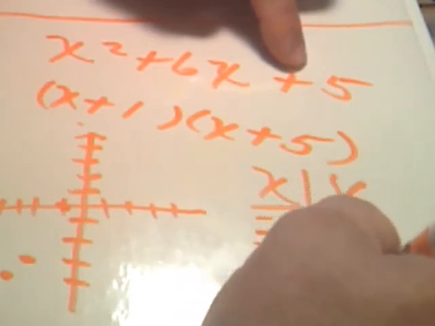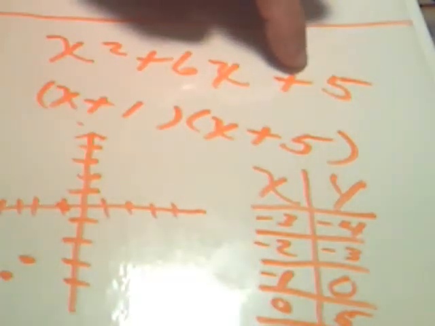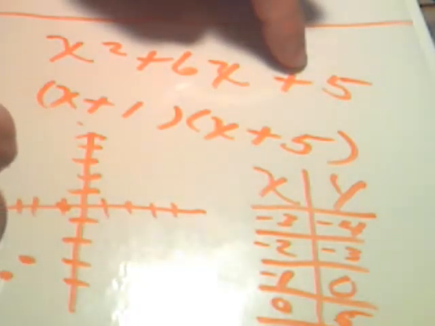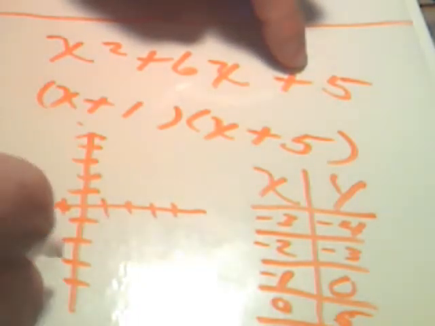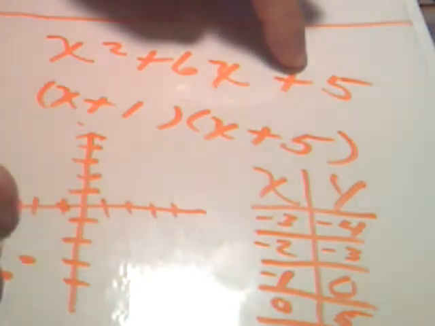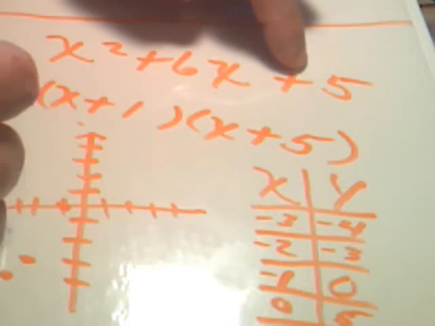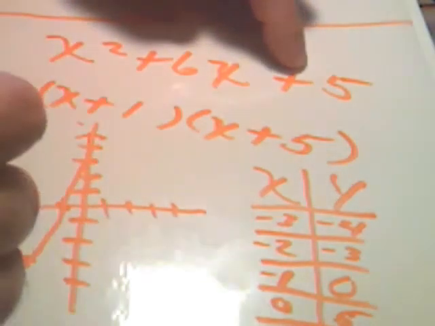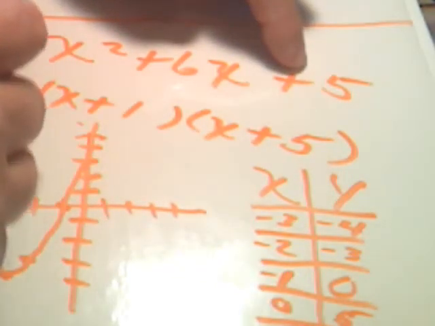This is 5 here, by the way. So we got -4, 1, 2, 3, 4, -3, 1, 2, 3. Looks like we have a parabola. And if we connect the dots, I claim that that's what it's going to look like.